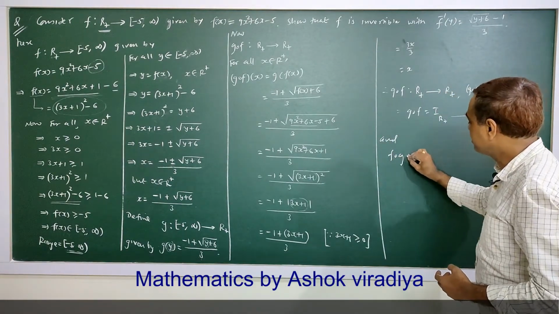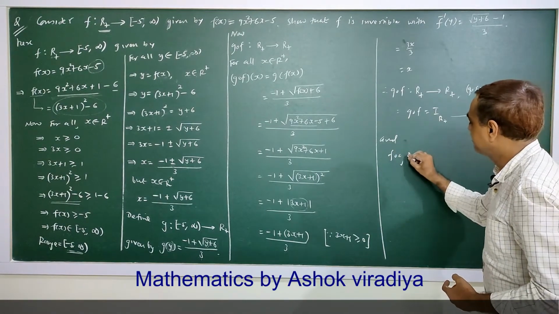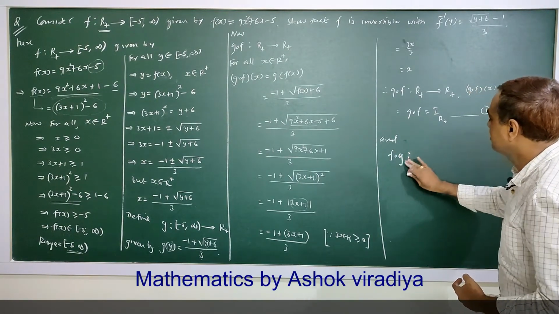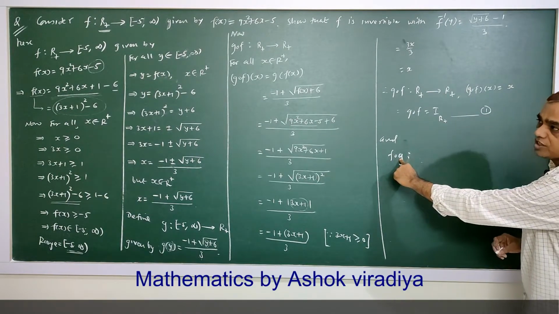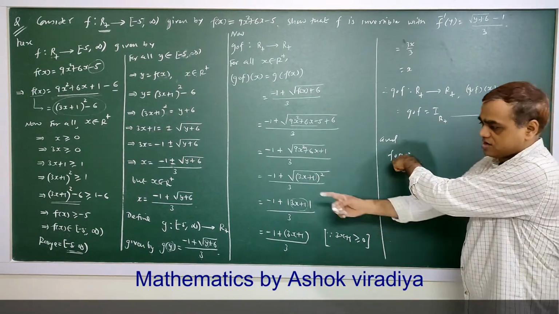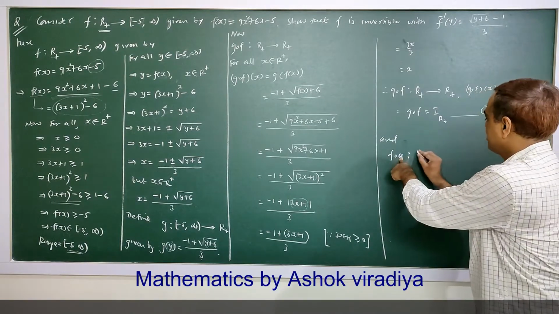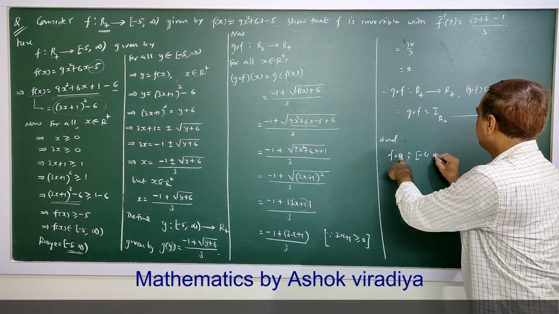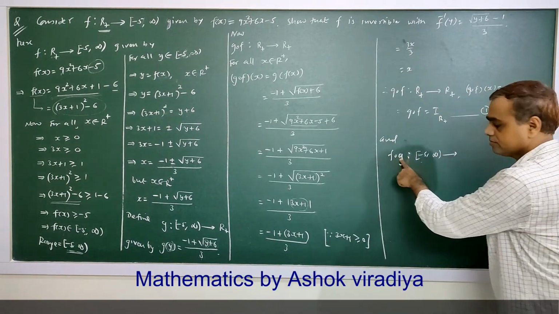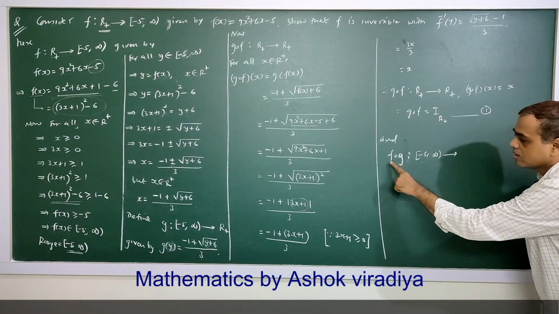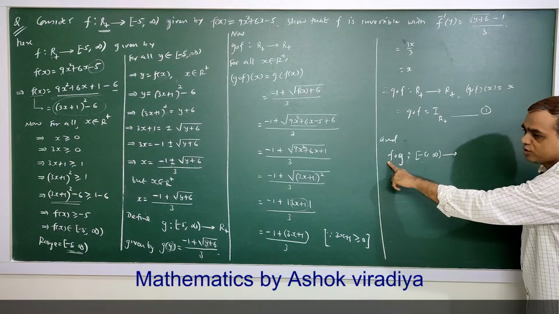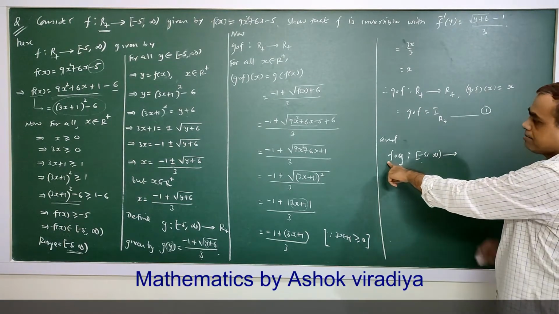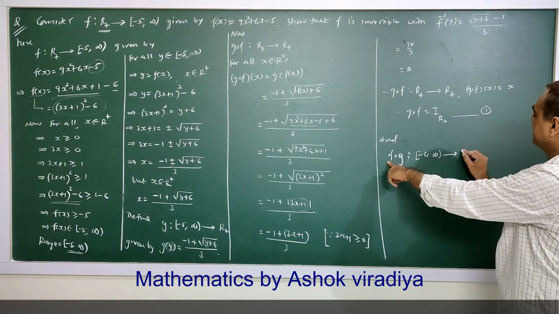To find FOG, here we take the domain of the first function. What is the domain of the first function? The domain of G is -5 to infinity, and the codomain of the second function is -5 to infinity.